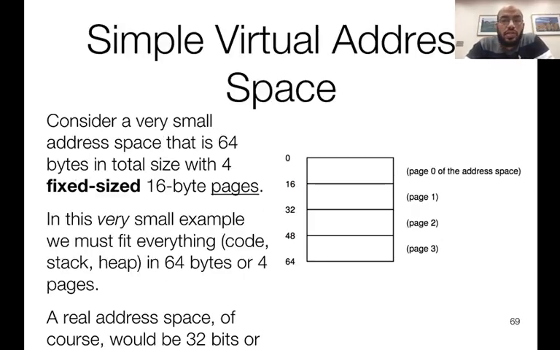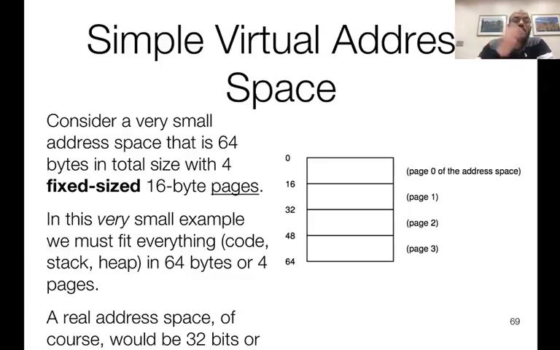So let's look at this simple virtual address space, which is divided into 4 pages: page 0, page 1, page 2, and page 3. Each page is 16 bytes and has a fixed size.